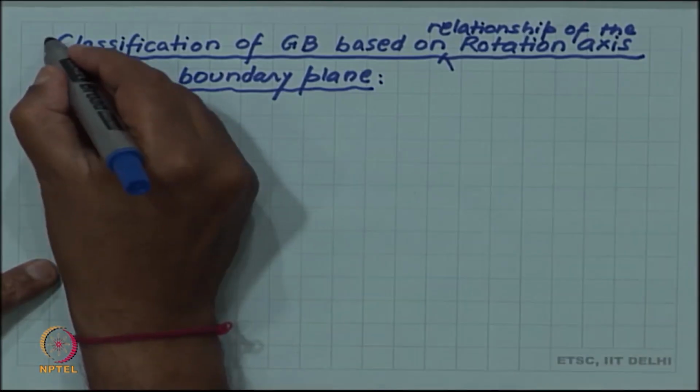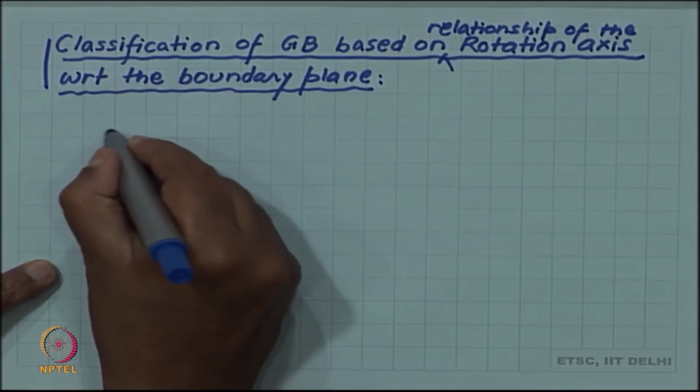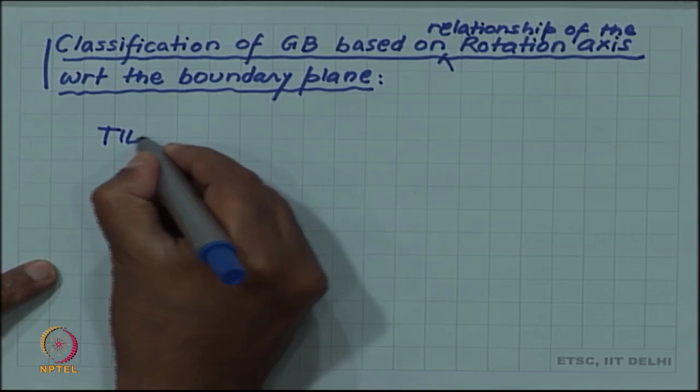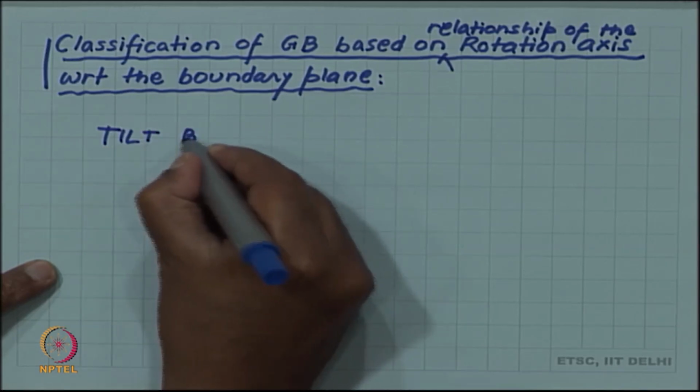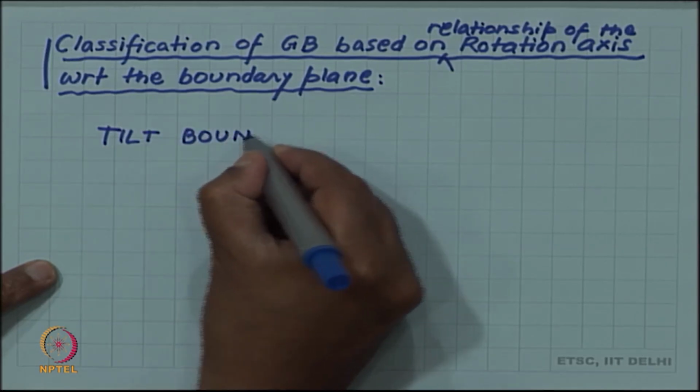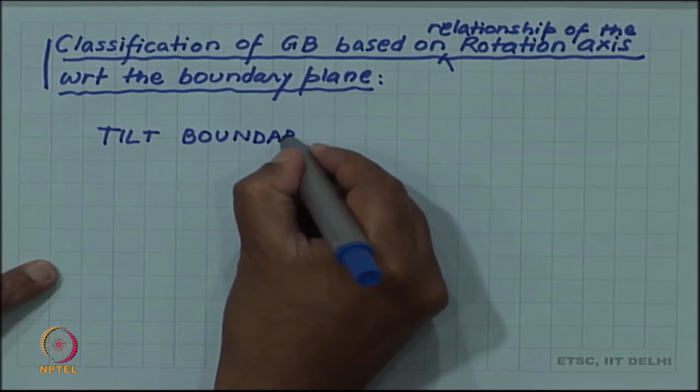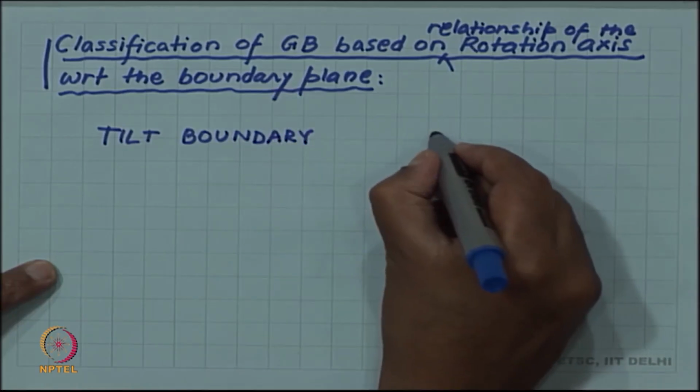In this basis of classification, we have two types which we call a tilt boundary or a twist boundary.